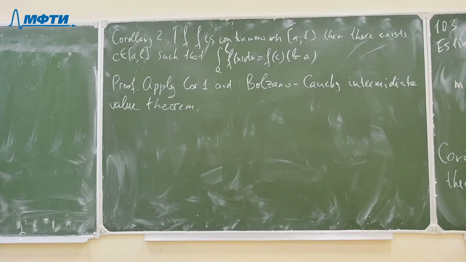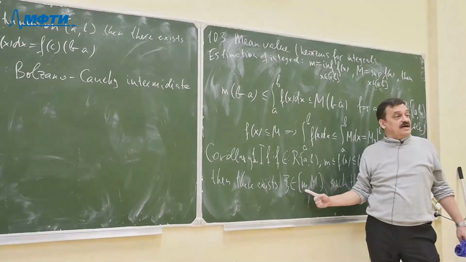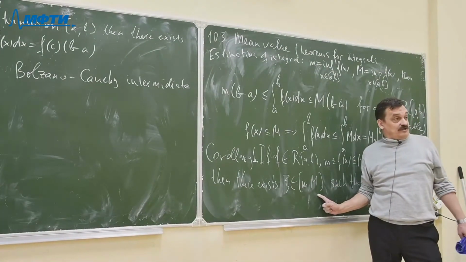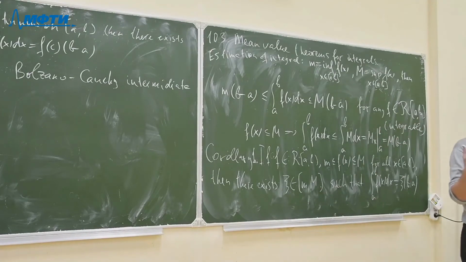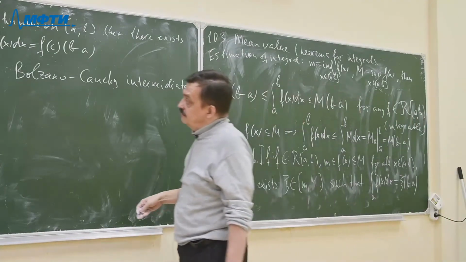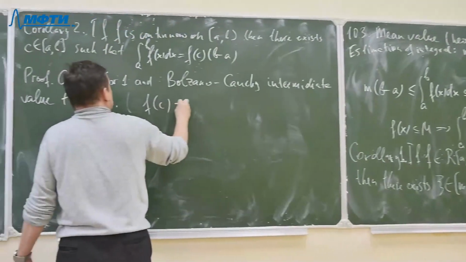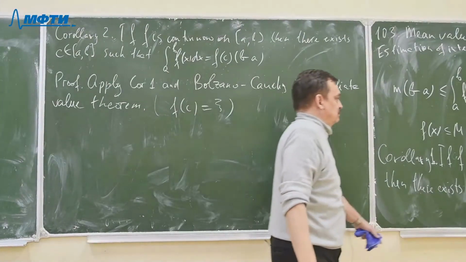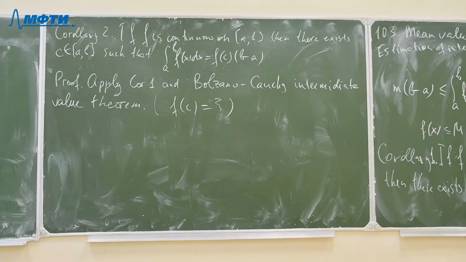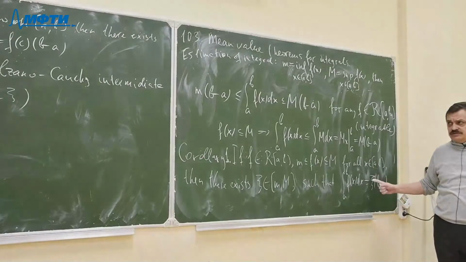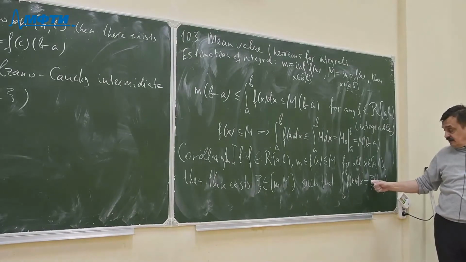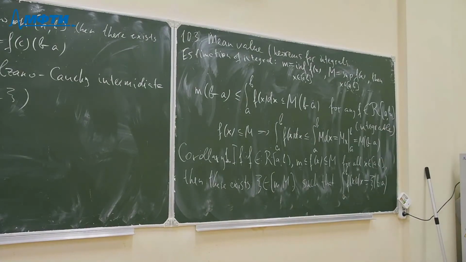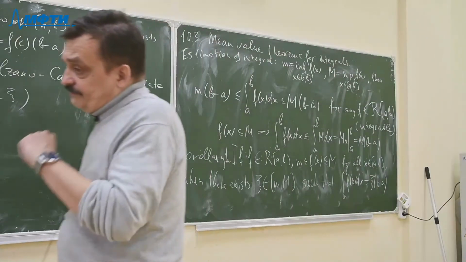Hence, for arbitrary psi between the values of our function, there exists a point in AB where f of c equals psi. So just apply corollary 1, and the Bolzano-Cauchy intermediate value theorem says there exists c such that psi equals f of c. That's it.